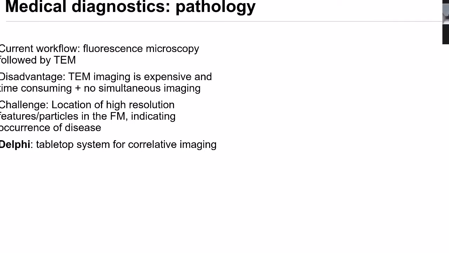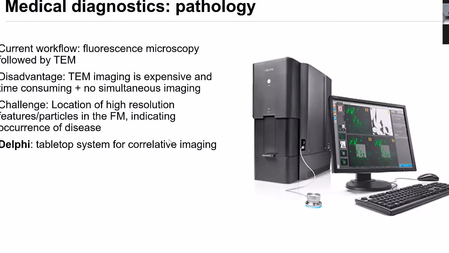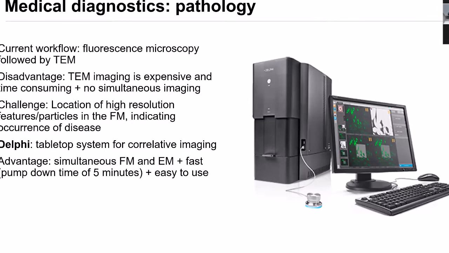For this application, the DELPHI, which is a tabletop system for correlative imaging, shown here. So on the right, you see a computer screen and a keyboard, and on the left is the DELPHI, the tabletop correlative imaging system, the entire system. It's very compact. And the main advantage is that it's very fast and easy to use.